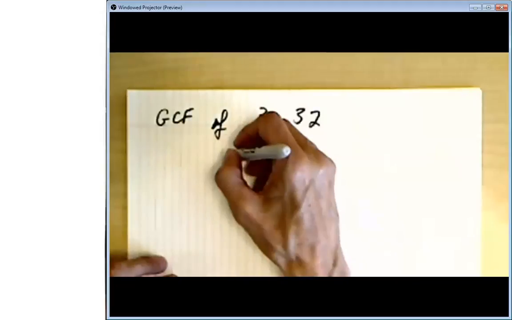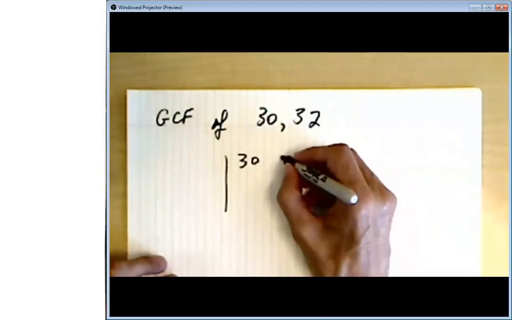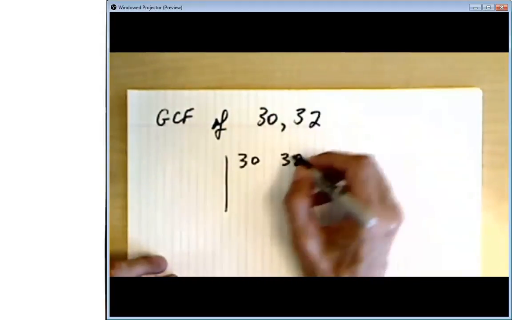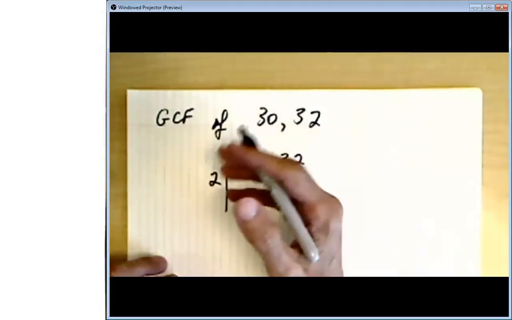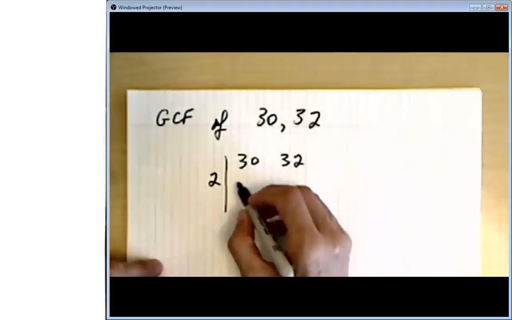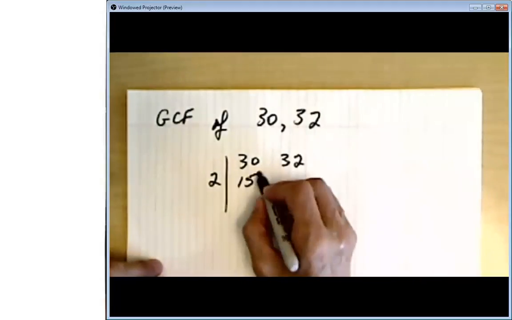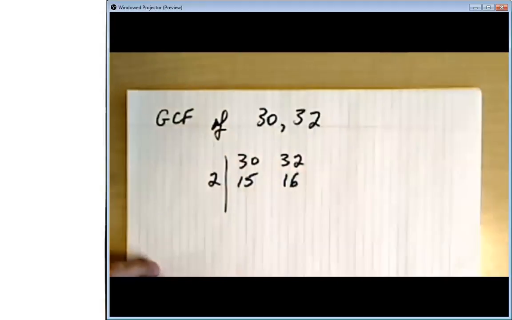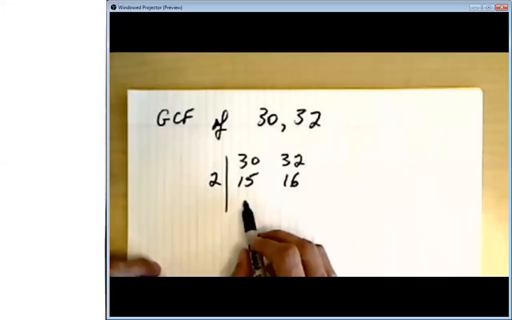So I'll set it up first. 15 and 16. As soon as you draw the picture, sometimes your mind goes, oh yeah, I recognize that, just like seeing your friend's face. Yeah, 30 divided by 2 will be 15, and 32 divided by 2 is 16. That's it. Zoom, I think we're done.